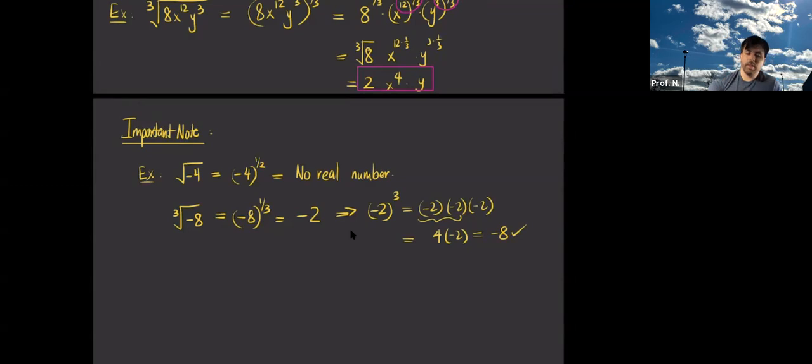So then what do I take away from this? If I have an even radical, so if the index of the radical is an even number, then, oh yeah, one thing I forgot to mention is that the thing underneath the radical is called the radicand.